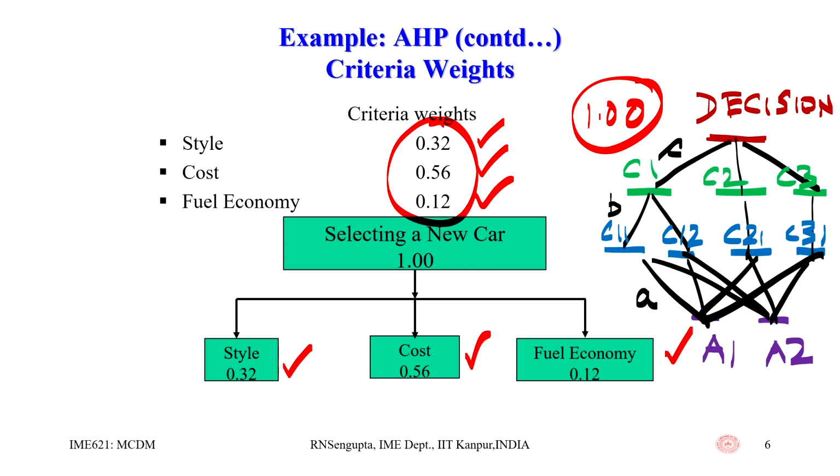So, if I consider A, B, C, and then D, E, then F, G, H, I, J, K. If I am trying to find out the overall score for A1 to reach the decision, what are the points?